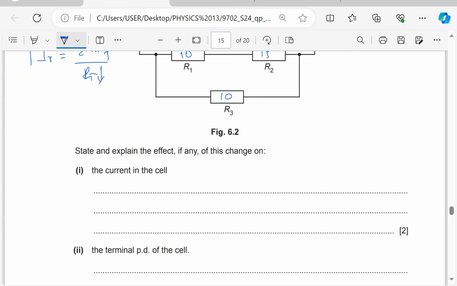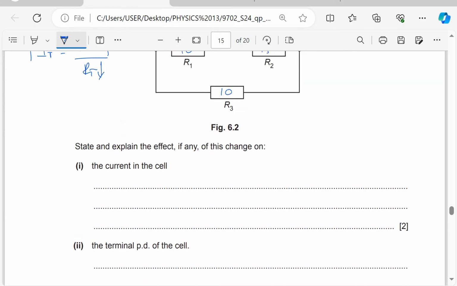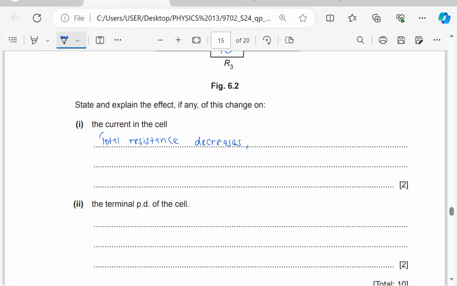So I will say in my explanation, because there are 2 marks: total resistance decreases. And if total resistance decreases, it means total current in the cell will increase.